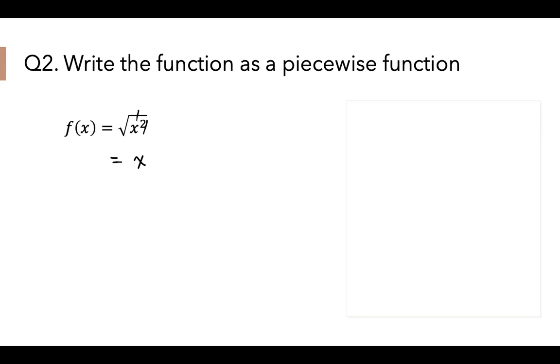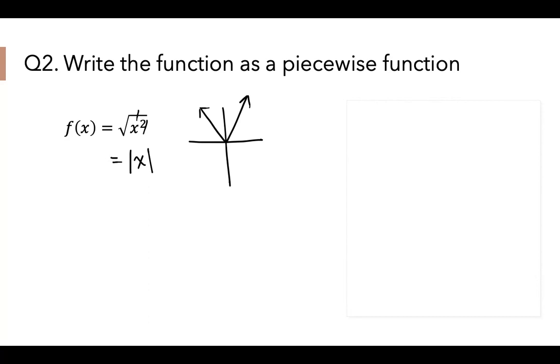When I plug a negative into x, I will still get a positive value. Therefore, if I have to draw this, it's going to be an absolute value function when you have a square root with a square. It will look something like this.